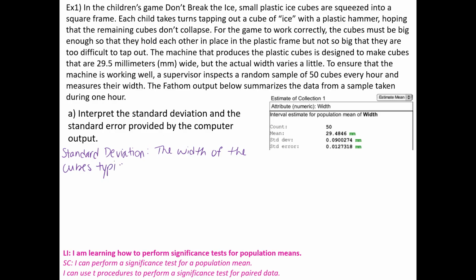So there's that phrase that we see with standard deviation, typically varies, by about, and here's where I'm going to pull in that standard deviation value. I'm going to say 0.09. We see it right up there in that computer output. 0.09 millimeters from the mean. So remember, standard deviation is always a measurement from the mean.